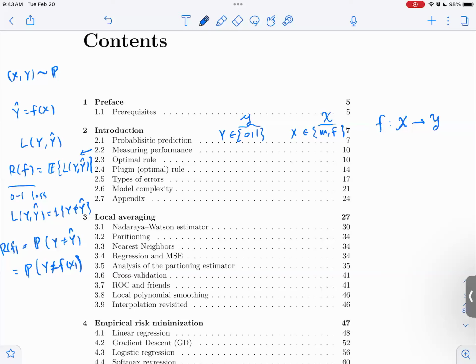So the main idea is you start from this problem, the prediction problem, reduce to classification where y is 0, 1. And you further reduce to where x is discrete. And you saw that it's not a problem if you have, like, two discrete features. Basically, you would have combinations.